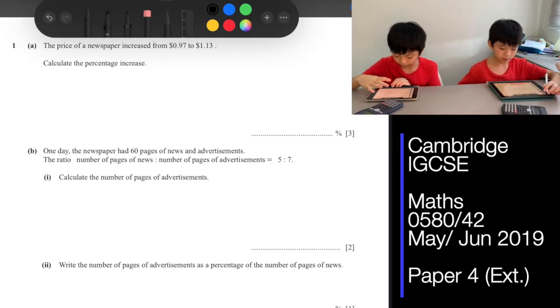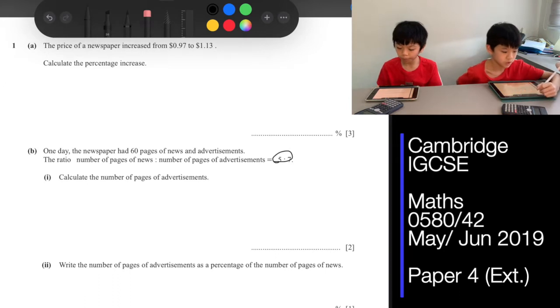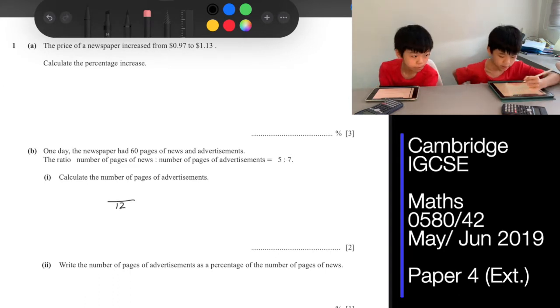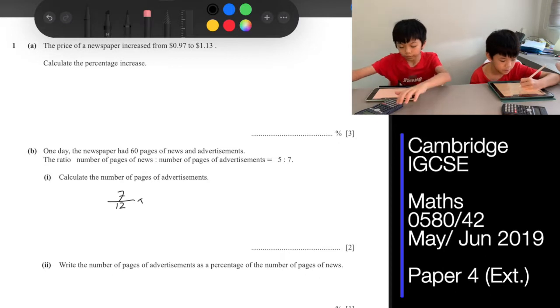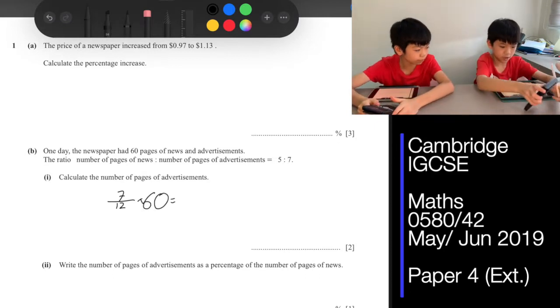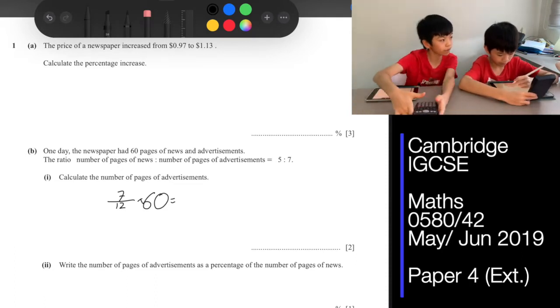First, we calculate the total amount in this ratio, which would be 12. And then we need to find the number of pages of advertisements, which would be 7. So it's 7 over 12 times 60, which is 35.